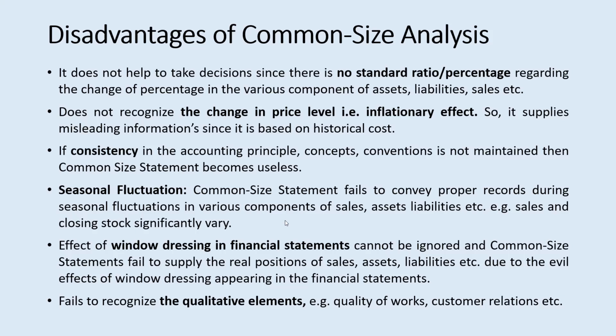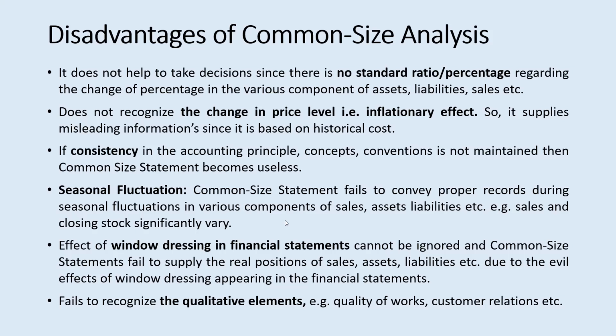If consistency in the accounting principles, concepts and conventions is not maintained, then the common size statement becomes useless. So what are the principles? You know that we have the generally accepted accounting principles, or the GAAP.